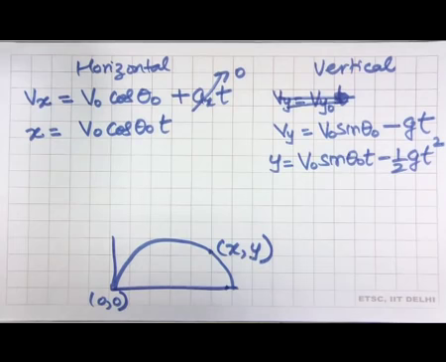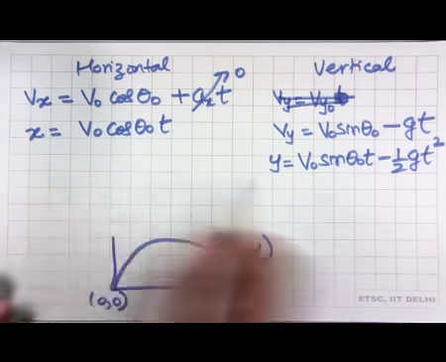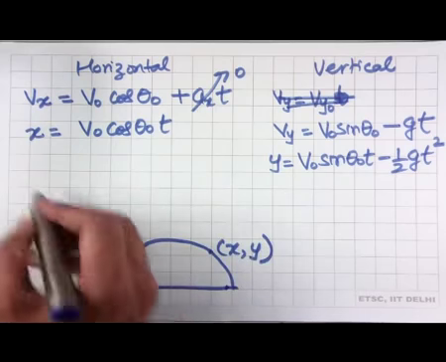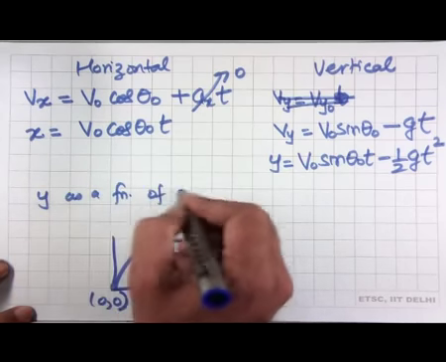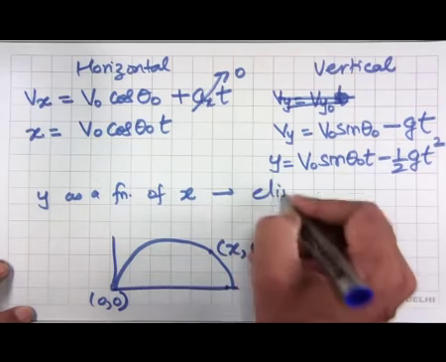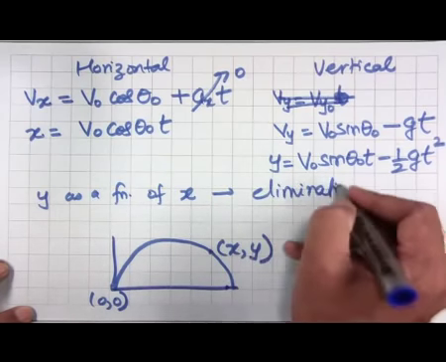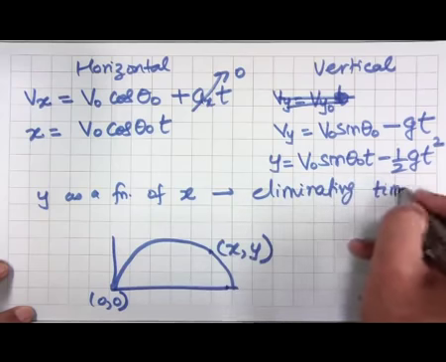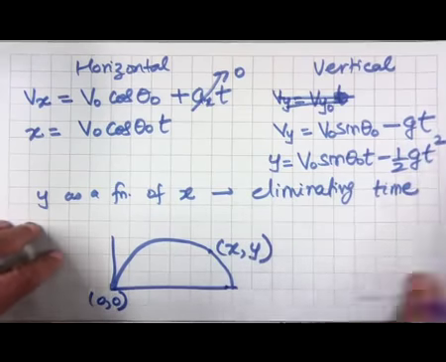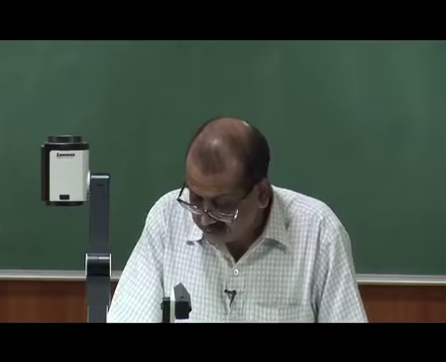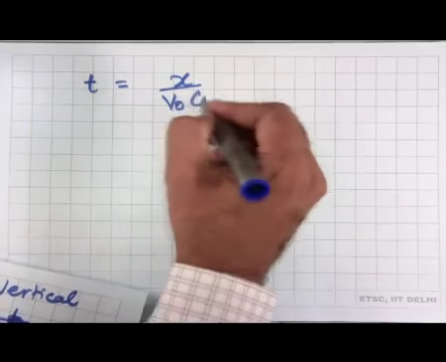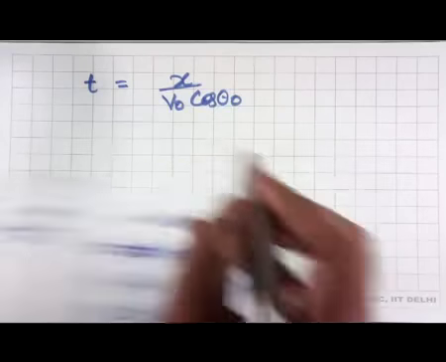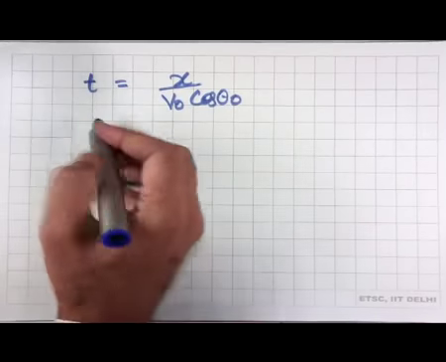And from these 2 equations, we got the equation of the path by writing y as a function of x, and this we got by eliminating time. t is equal to x by v0 cos theta 0, and then we put this in the expression for y.